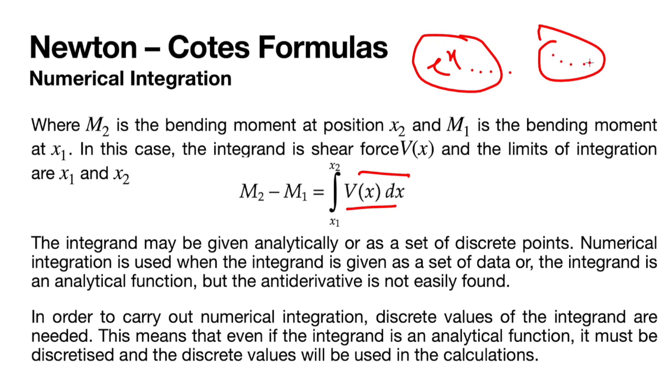On a similar note as in differentiation, we can have two methods. First, if we have data points, we first get the function using interpolation, find the best fit for the points, and then do the integration.